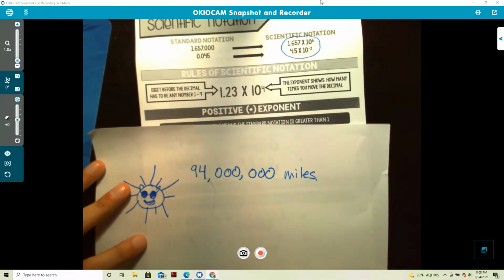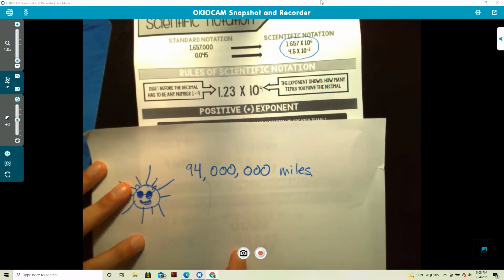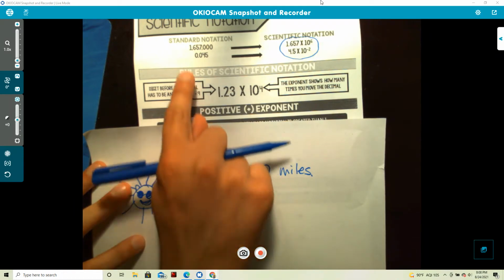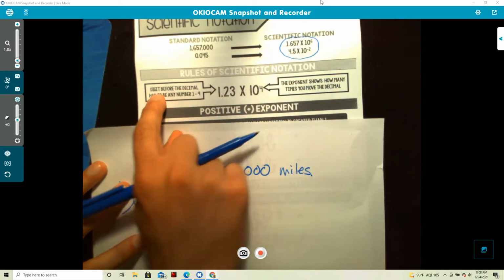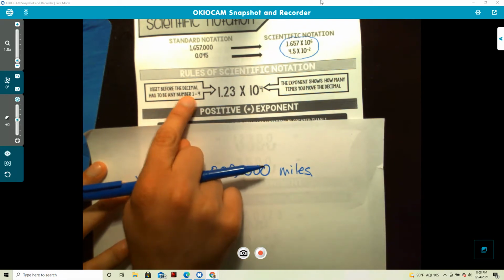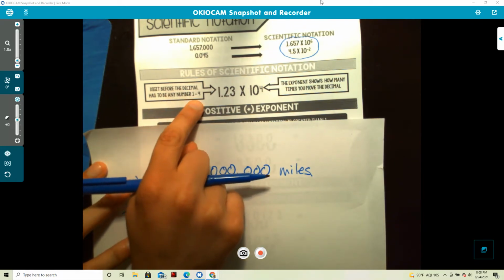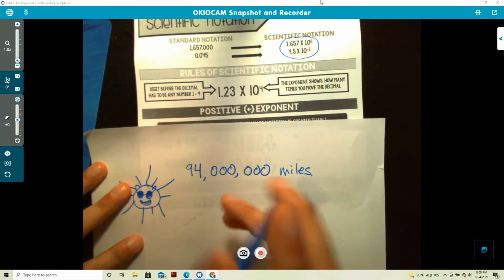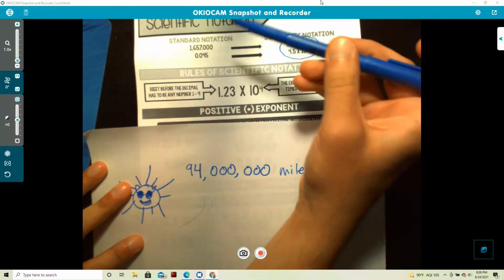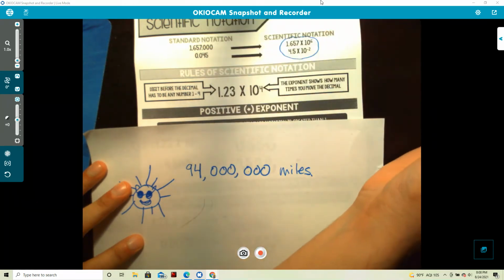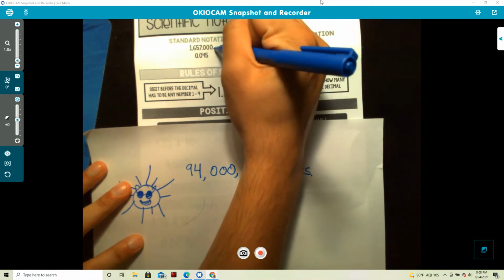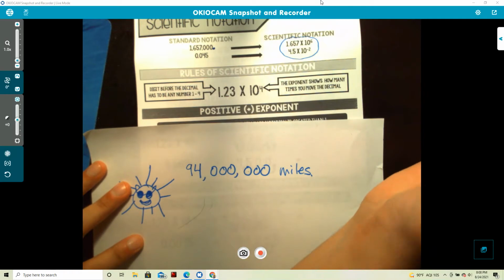The rules to scientific notation: whenever you convert from standard to scientific, the digit before the decimal has to be any number 1 through 9. So whenever you move the decimal from standard notation, let's say we have 1,657,000, the decimal is going to go right there after the whole number.